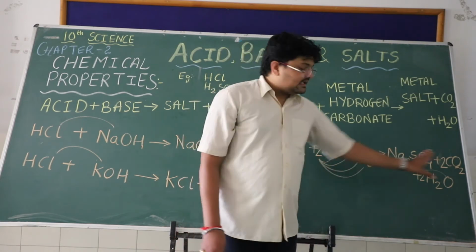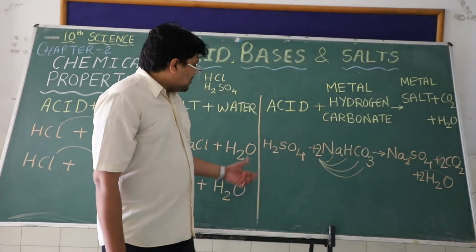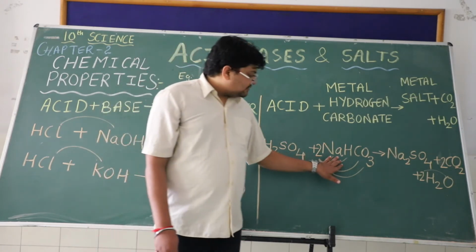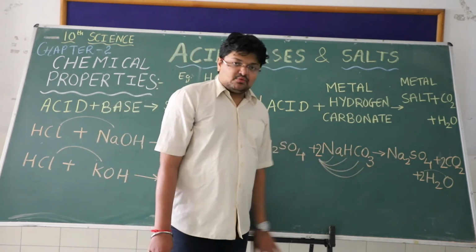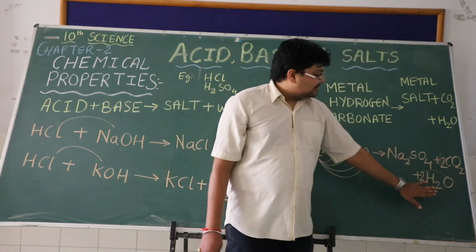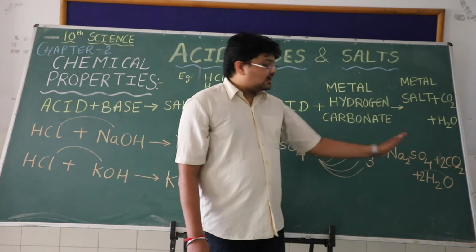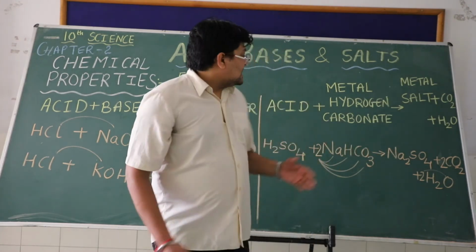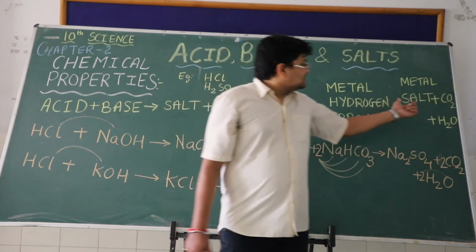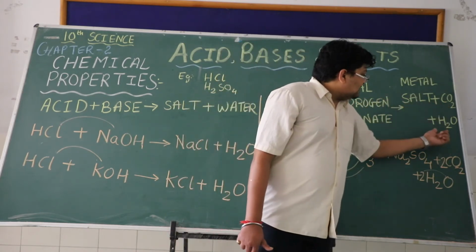So now this reaction is balanced. So what can we say about this reaction? When sulfuric acid reacts with sodium hydrogen carbonate, it forms sodium sulfate plus carbon dioxide plus water. So this is your example for the reaction of acid with metal hydrogen carbonate, which gives metallic salt plus carbon dioxide plus water.